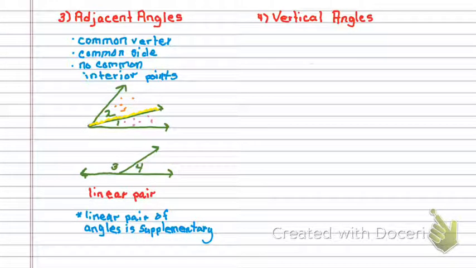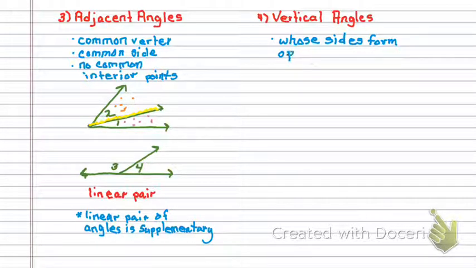Our final special pair of angles are called vertical angles. Vertical angles are angles whose sides form opposite rays. And we know when we have opposite rays, that opposite rays form a line.